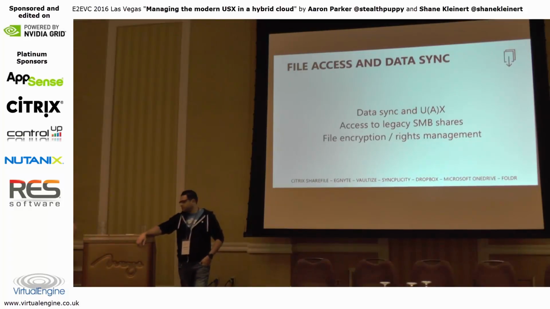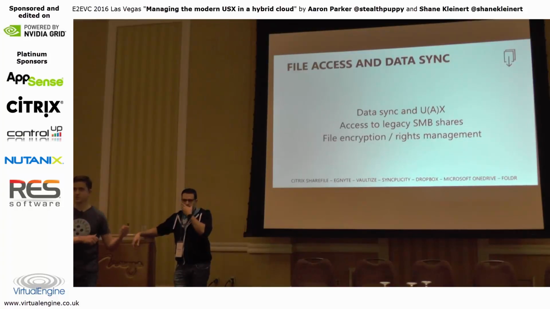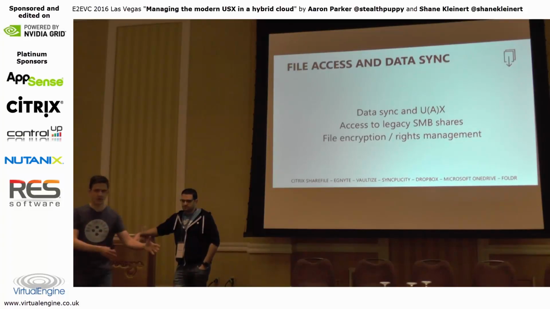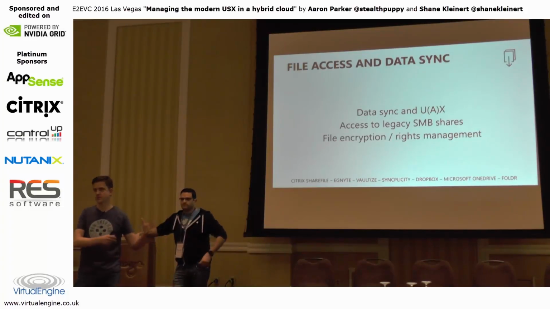And from a file and sync perspective, as I've touched on previously, customers moving from hybrid to cloud need a solution that gives them the ability to connect to both on-prem resources and cloud at the same time. Entirely on-prem solutions are great because I can enable anywhere access from my on-prem storage.